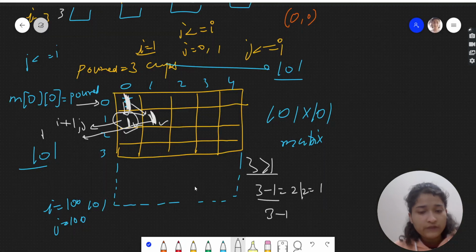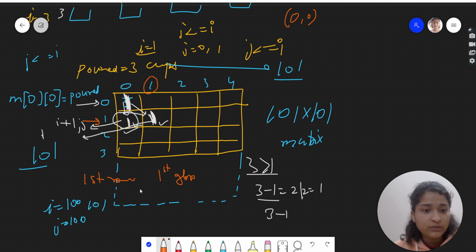Now if the query is that you have to tell in the first row, in the first glass. That means first row is this, as in 1 index row, and first glass means this glass. So 1 comma 1, that is this. So here the glass is full, that is 1.